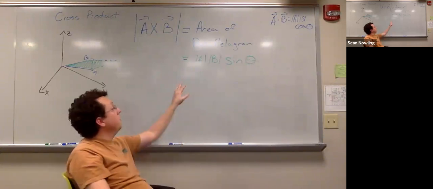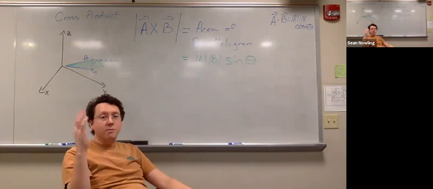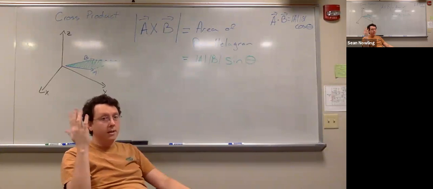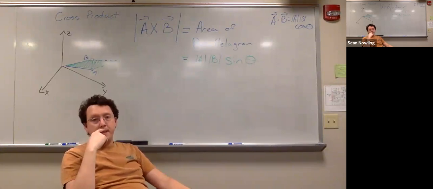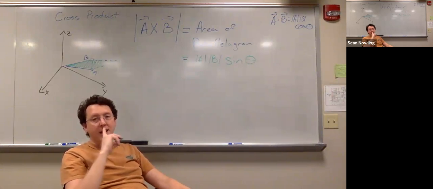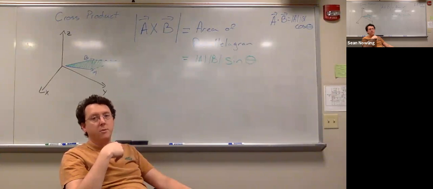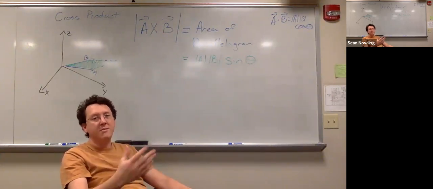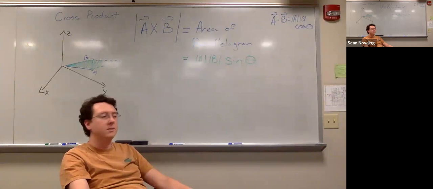So we have this formula for the magnitude, and then we have this right-hand rule. It's the right hand, not the left. And then on the board here, we're going to work out the formula for the components. And that gives you a more algebraic way to do things.